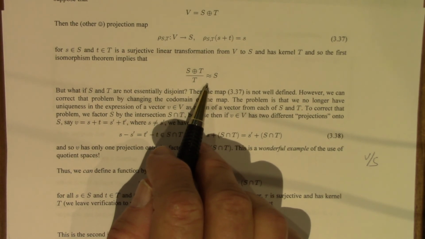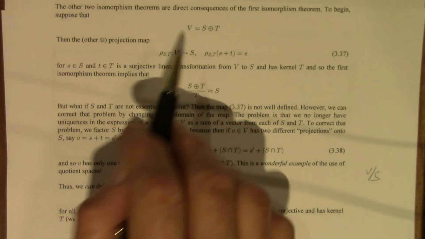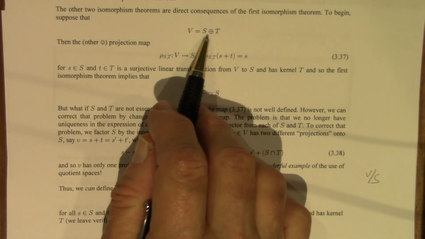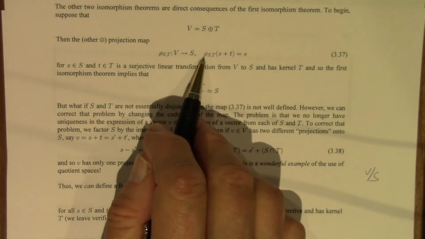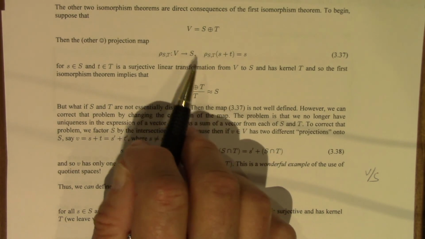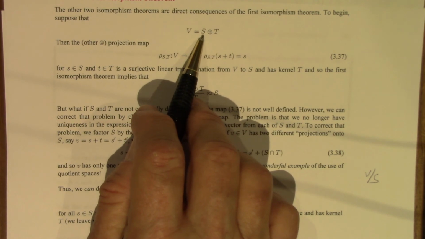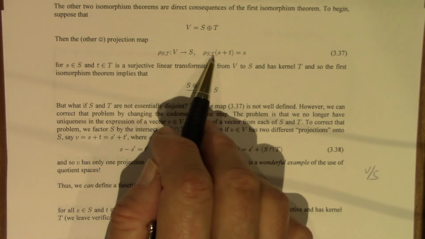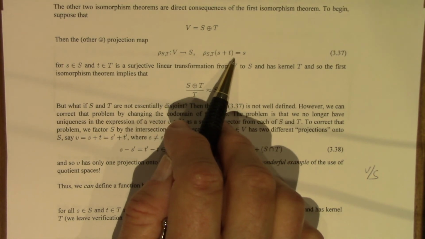But what do we do if S and T are not essentially disjoint? What if this sum is not direct? Then this map is no longer well defined, because a vector may have two different S components, and this definition depends on the choice of S component.